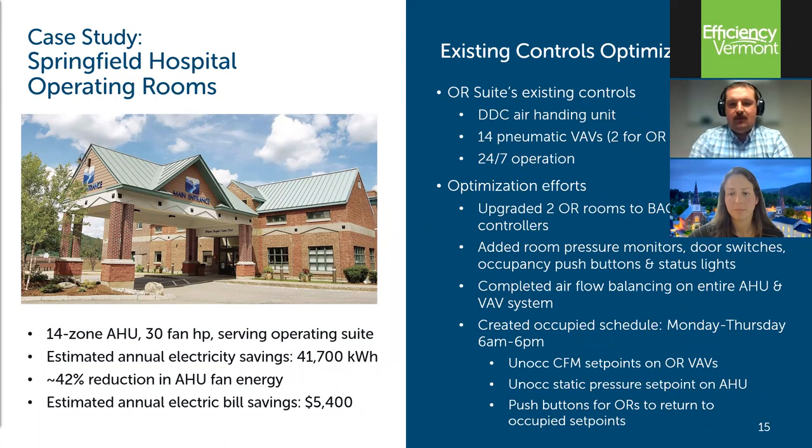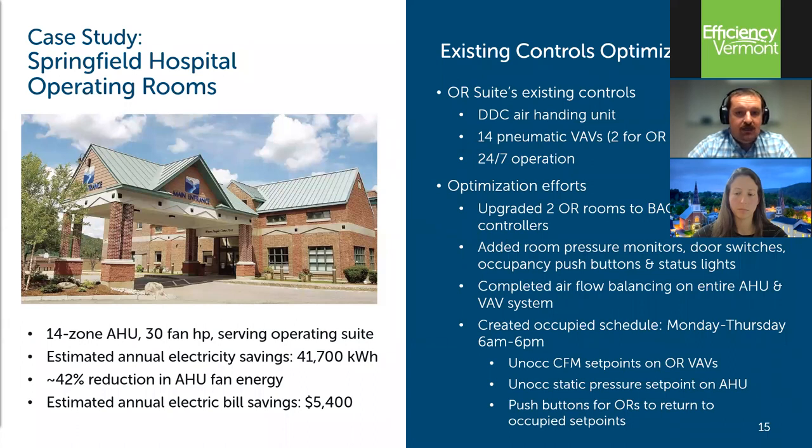Thank you, Alex. So for our operating room suite, we had an existing air handling unit that was already on the building automation system, and then 14 pneumatic VAVs, 2 of which were for the 2 OR rooms. And basically the whole system was 24/7 operation. So for this project, we ended up replacing the 2 existing pneumatic VAVs with BACnet IP VAVs.